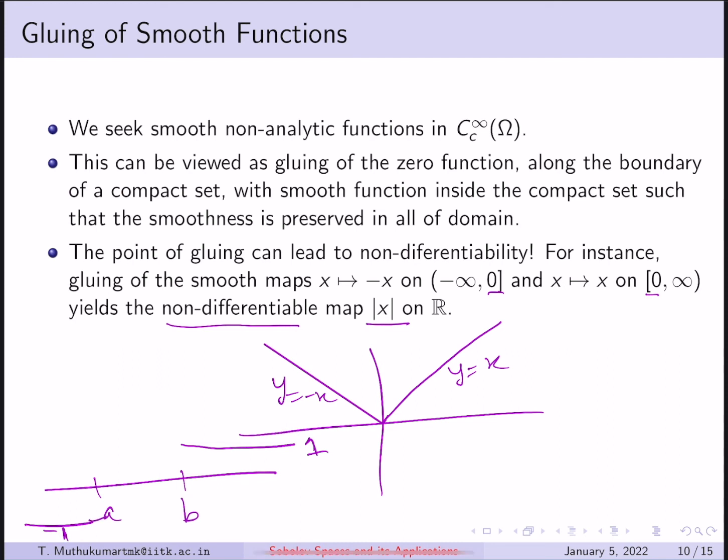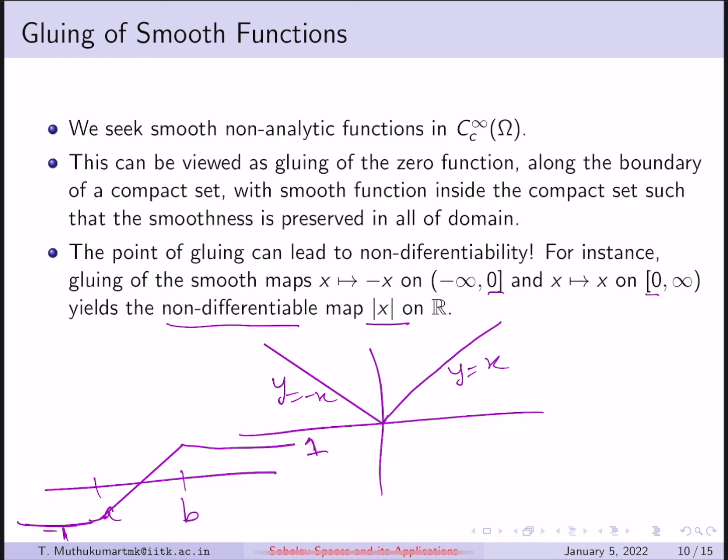Then I can extend this function inside the open interval AB such that I can make this a continuous function. I just have to draw a straight line like this.